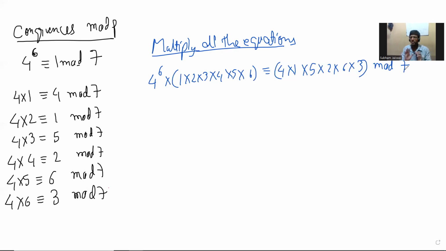So till here, Ishana and Pragdish, is it okay? Just multiplying all the equations. And this is wonderful, right? It's a very strange thing, right?